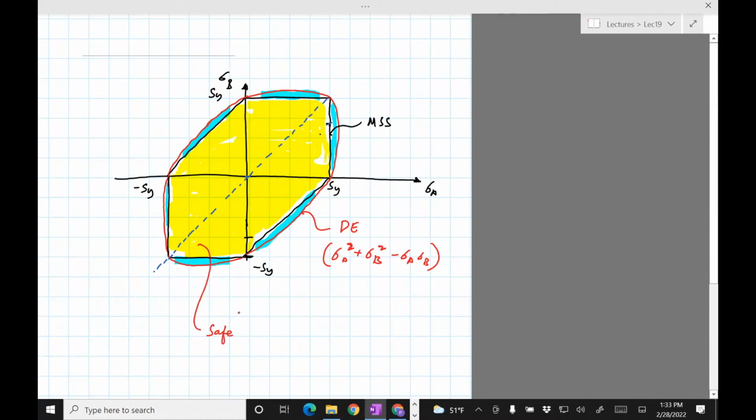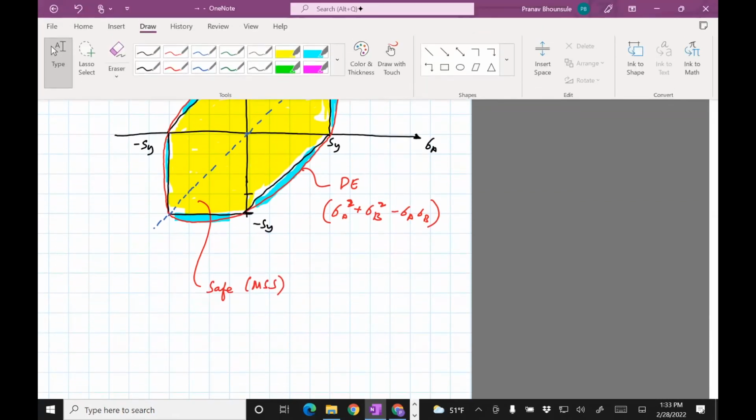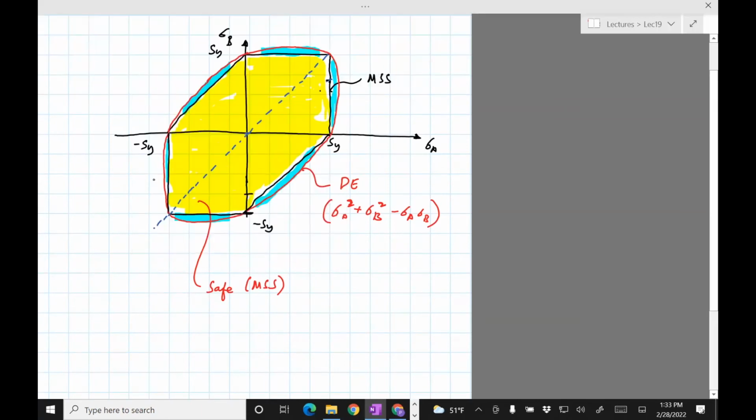And then the blue as well as the yellow is safe for DE.